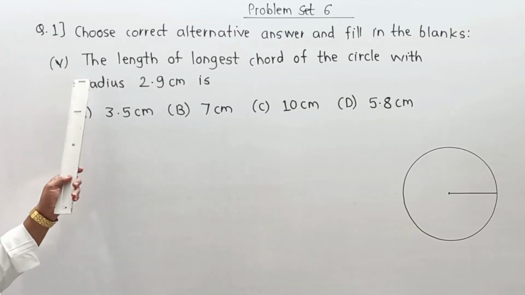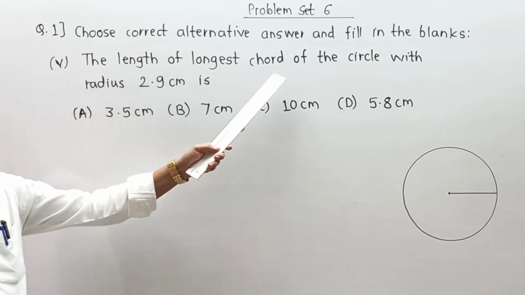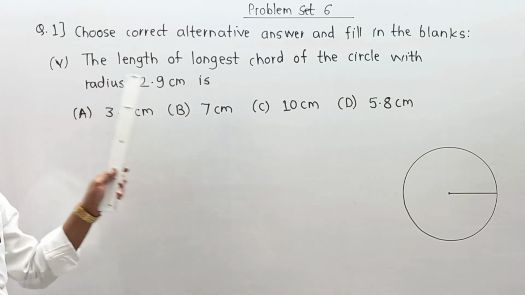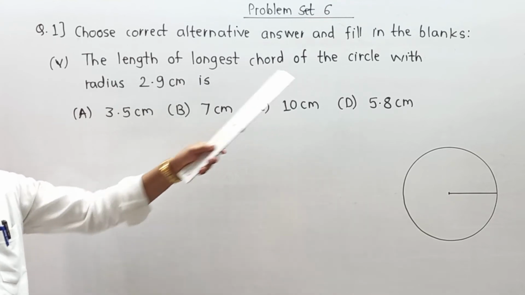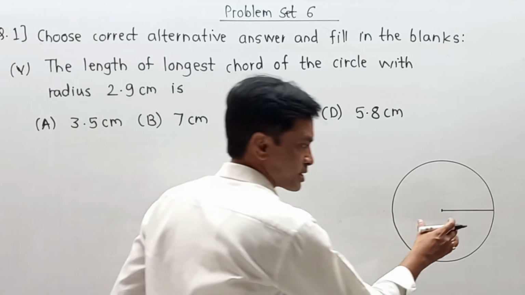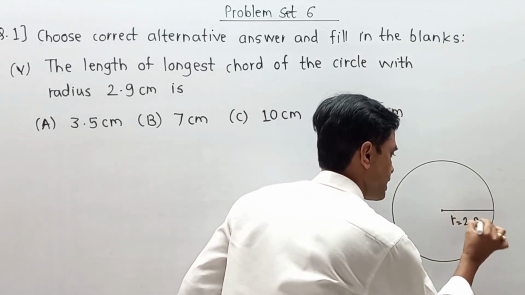Now moving to question number 5. The length of the longest chord of a circle with radius 2.9 centimeter is. Let us say temporarily this is a circle, and the radius is 2.9 centimeter.